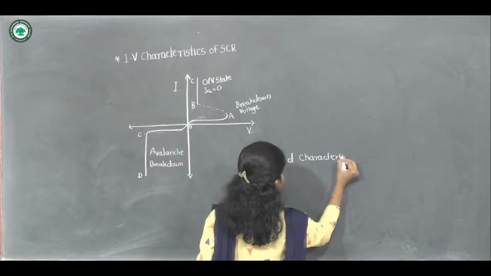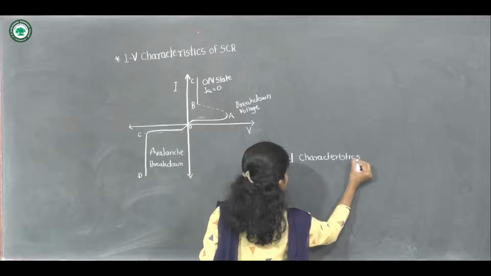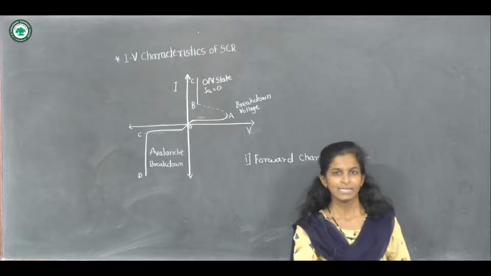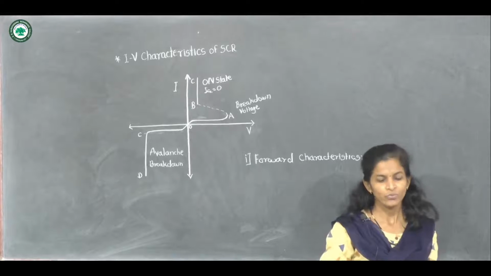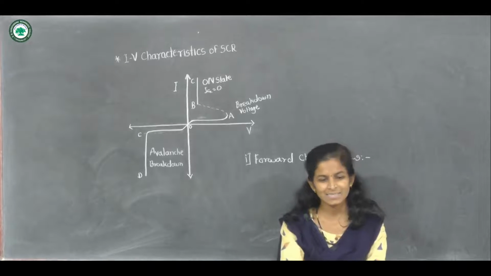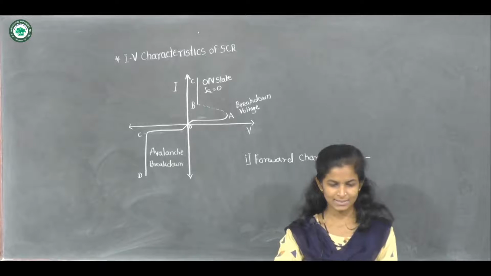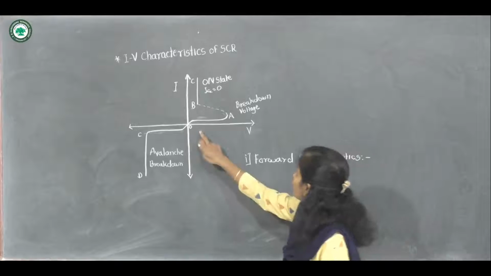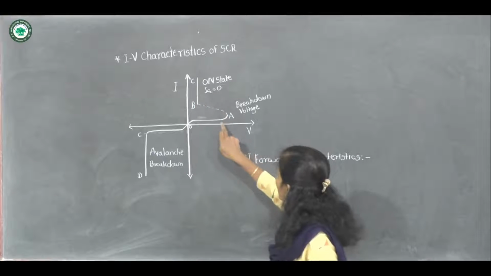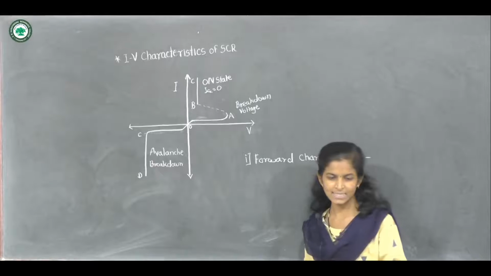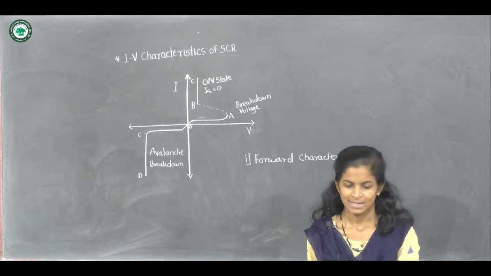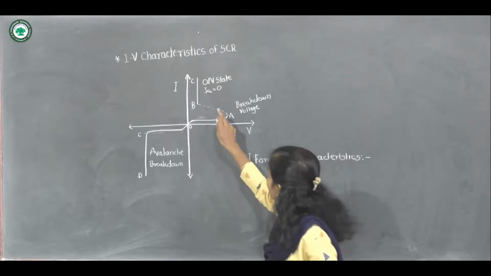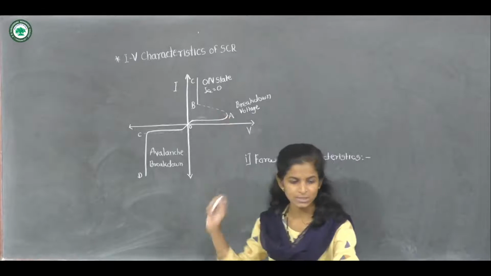When the anode is positive with respect to cathode, then the characteristics are known as forward characteristic. In the figure, the curve OABC shows the forward characteristic of SCR, where for this SCR the gate current Ig is equal to 0.